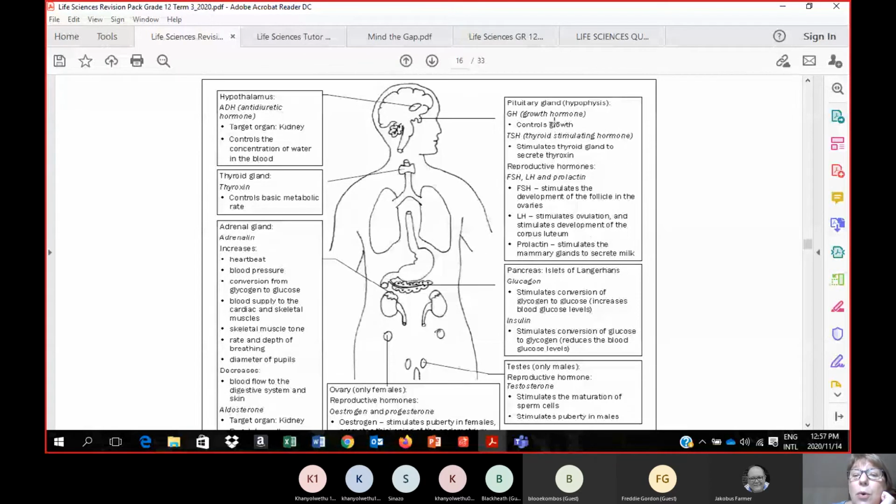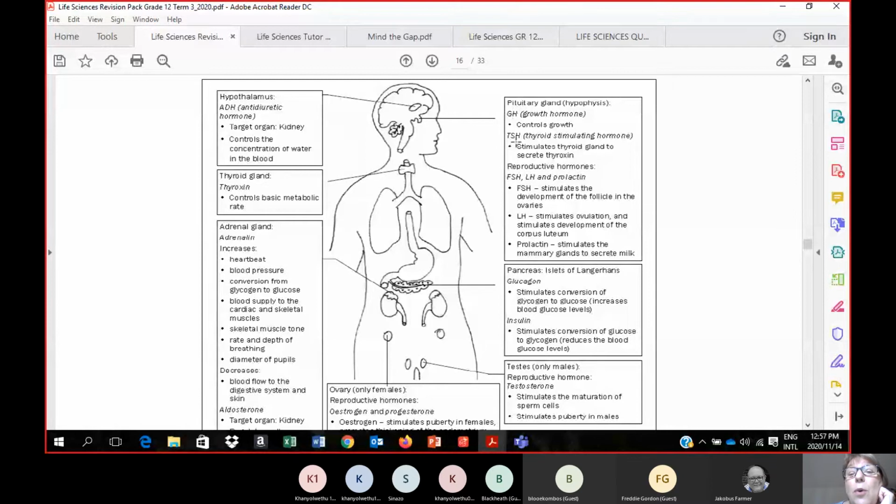Then here are two hormones that are produced by the pituitary gland that you may not have heard about. So the pituitary gland is this little gland. It's only about the size of a pea, but it produces growth hormone, and that's not too difficult to remember either, because growth hormone brings about growth of your muscles and skeleton and so on.